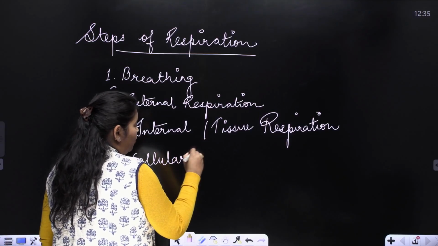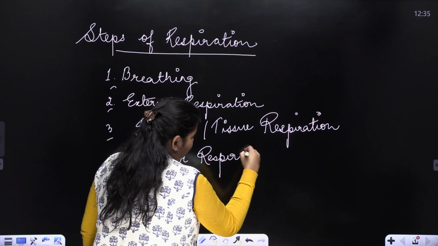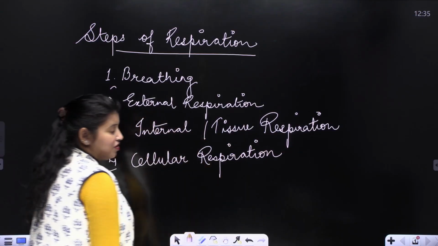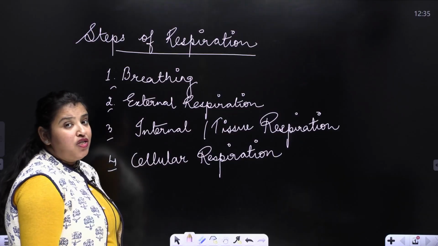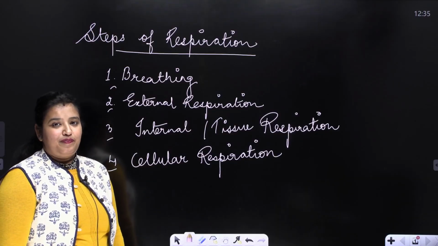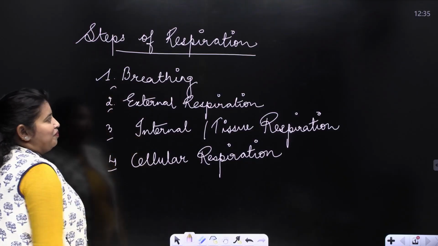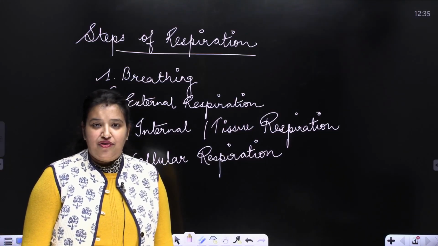Now, just to brief you on how these are taking place or how these are connected to each other, I will first give you an overview and then we'll talk about each one in detail. All right. The first step, breathing, means simple inhalation and exhalation.